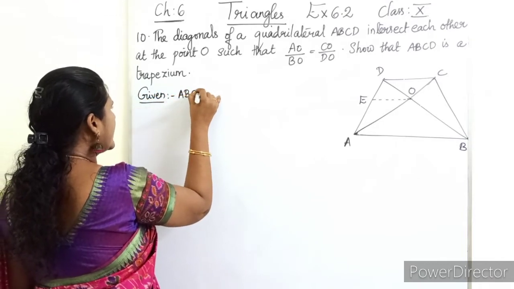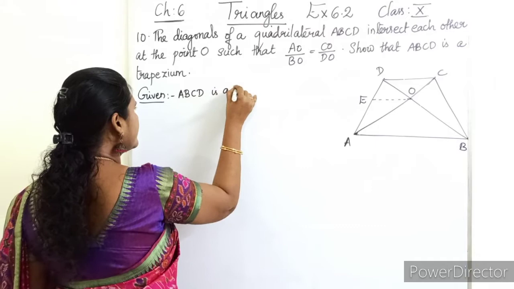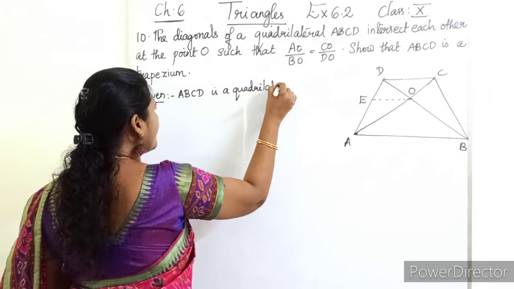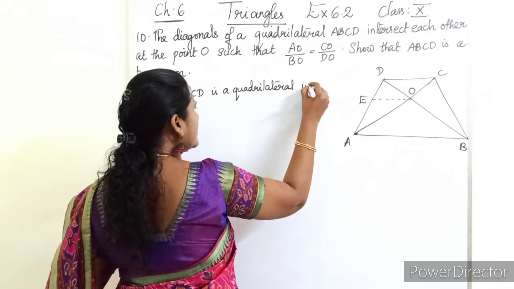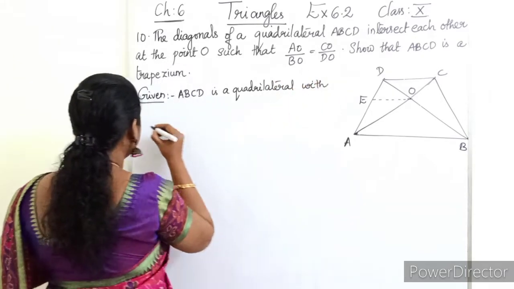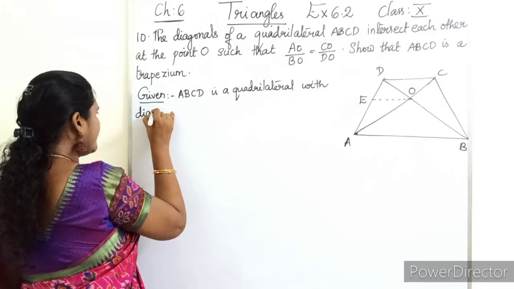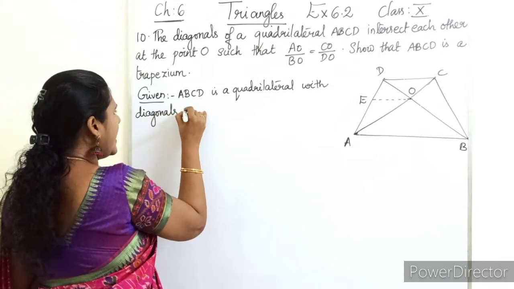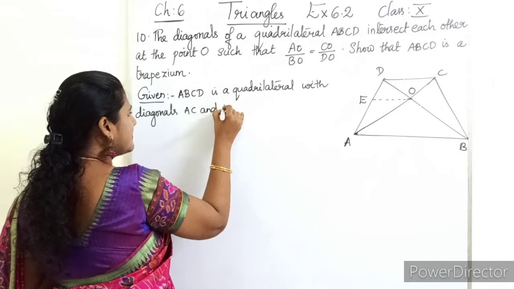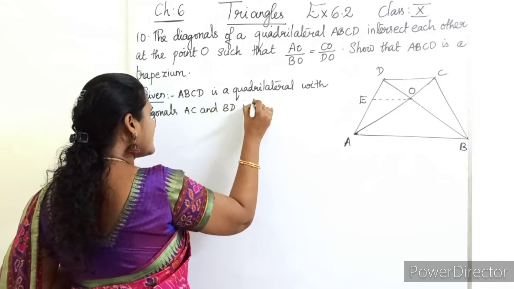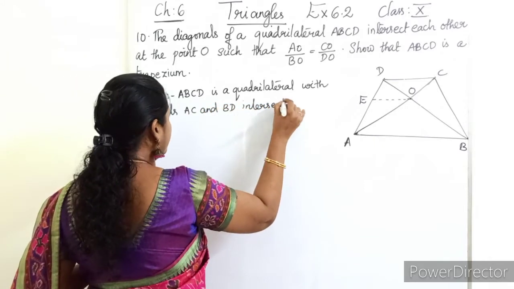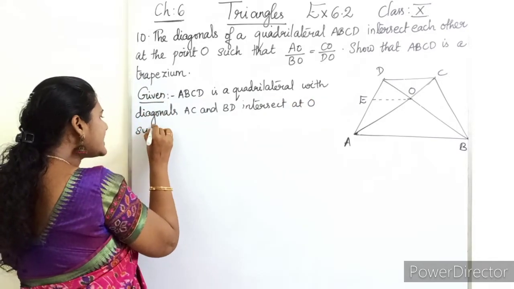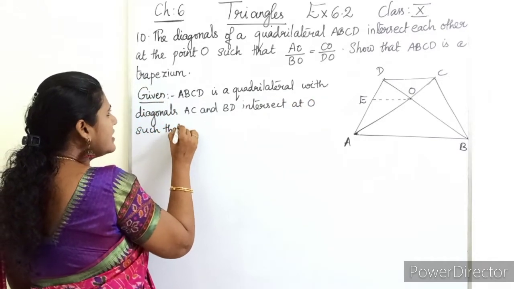ABCD is a quadrilateral with diagonals AC and BD intersecting at O, such that, what is the condition given in the question?